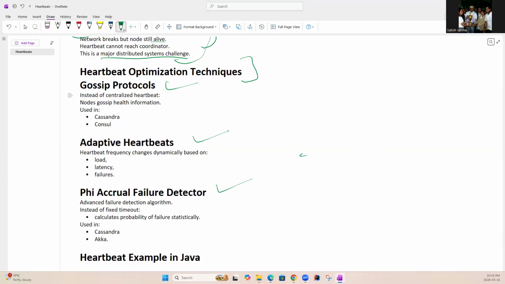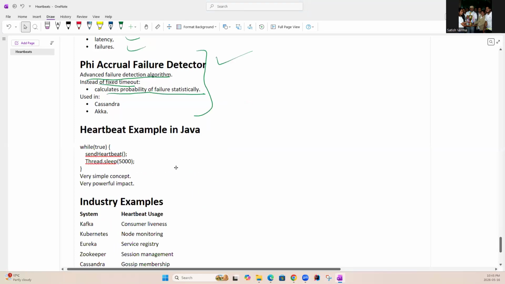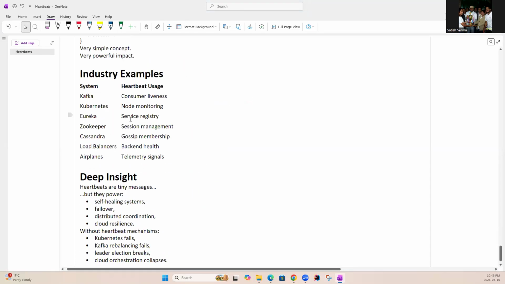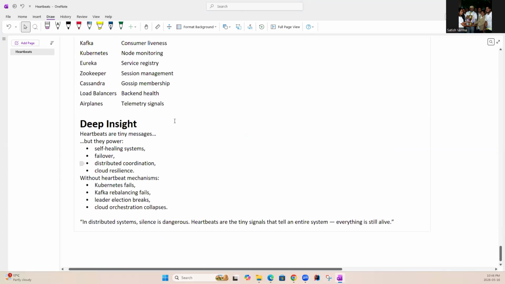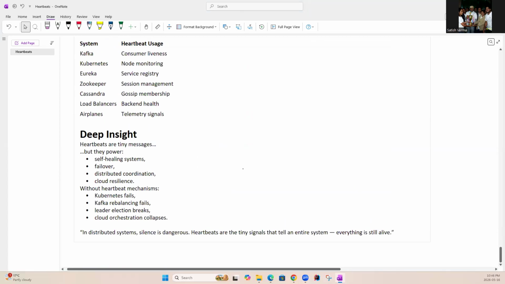Gossip protocol: instead of centralized heartbeat, nodes gossip health information. Adaptive means heartbeat frequency changes dynamically based on load, latency, and failures. Advanced failure detection algorithms: instead of a fixed timeout, they calculate the probability of failure statistically. Very, very important. The rest is examples, you can go to the notes. Not important, just a last example.